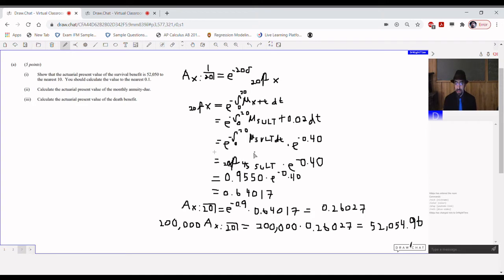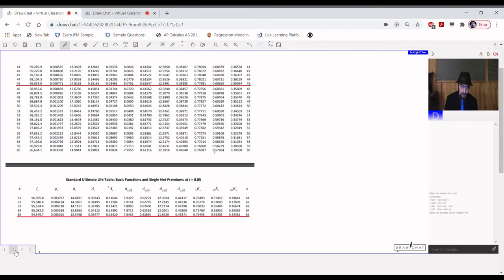And when we add two things inside of an exponent, we can just multiply the exponentials. If you'll notice, e to the antiderivative from 0 to 20 of the standard ultimate life table mortality is just the standard probability of a 45-year-old surviving 20 years. And we just need to multiply that by the remaining e to the negative 0.4. To find that standard survival probability, we look back at our standard ultimate life table.